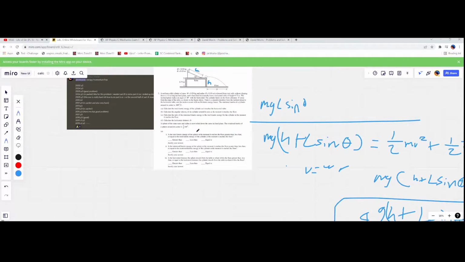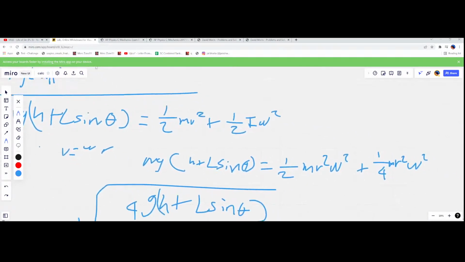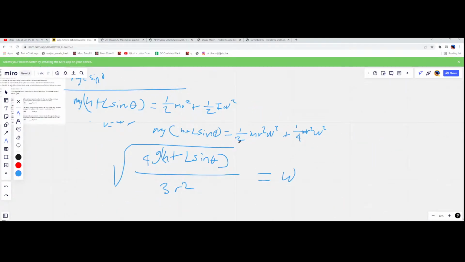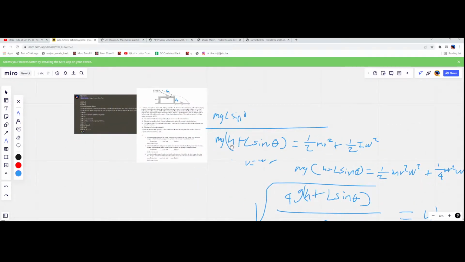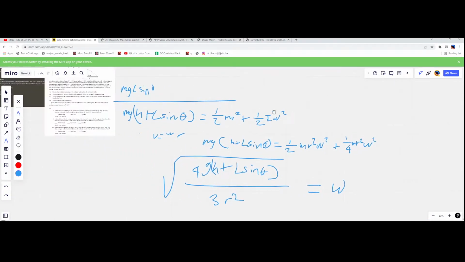Rotational kinetic energy is just going to be 1/2, because if you look at the relationship here... or sorry, wait, what is it asking for? Rotational to total kinetic energy. That's my bad.